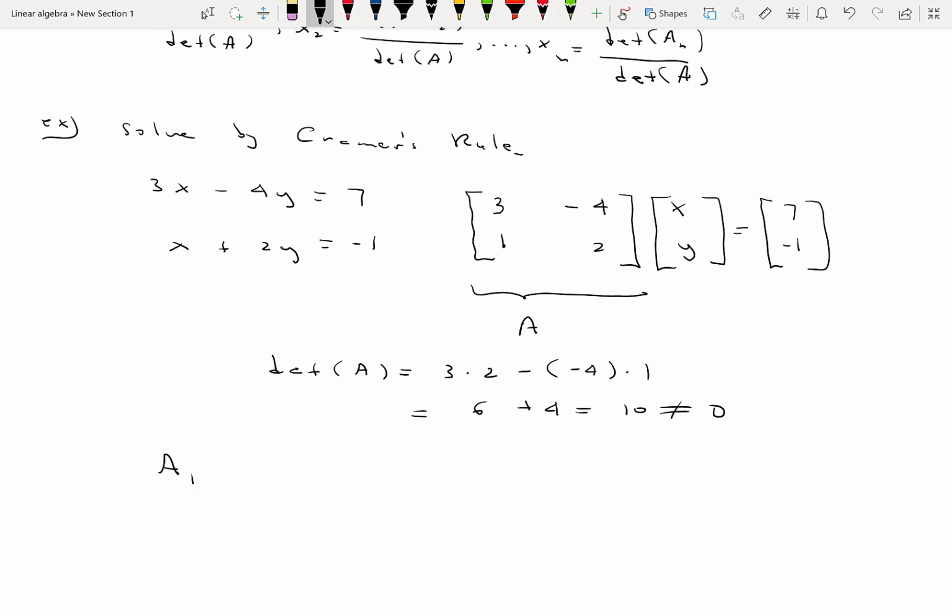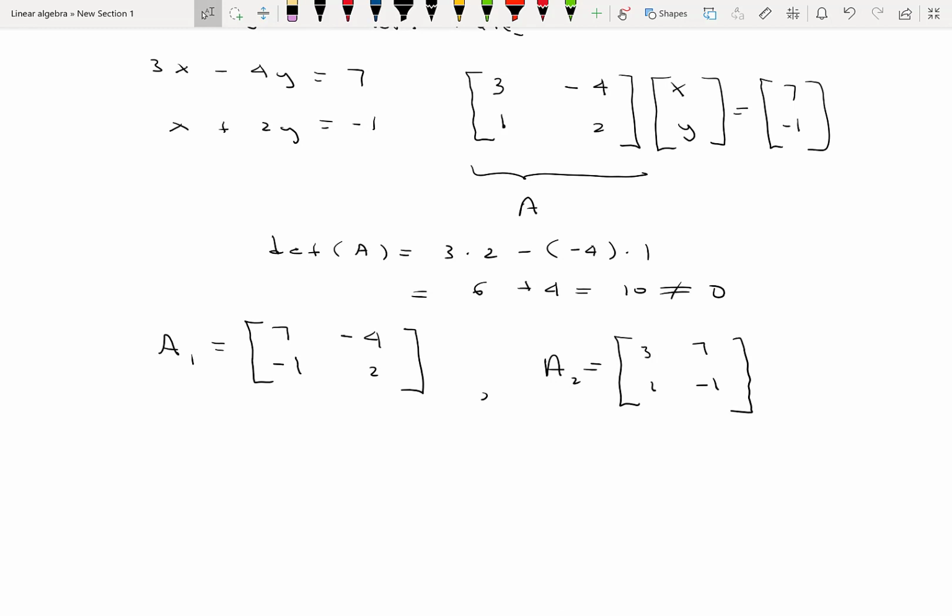Okay, so A1 is the matrix that we obtain by taking the coefficient matrix and taking the first column out and putting in the constants from the system, 7 and negative 1. So we leave every other column alone. There's only one other column. A2 we get by removing the second column, negative 4 and 2, from the coefficient matrix and replacing it with the constants from the system. But we leave the first column alone.